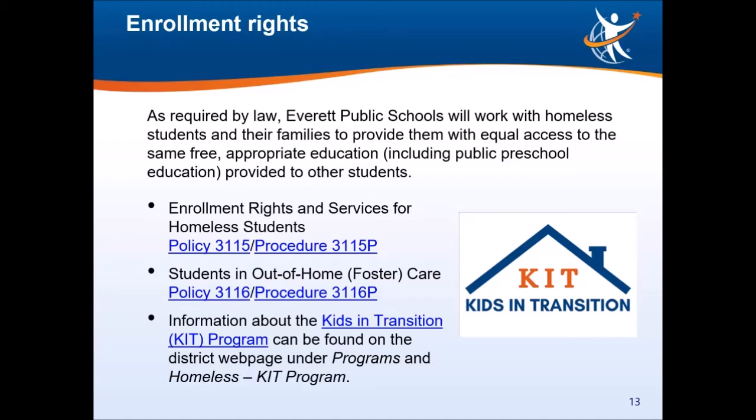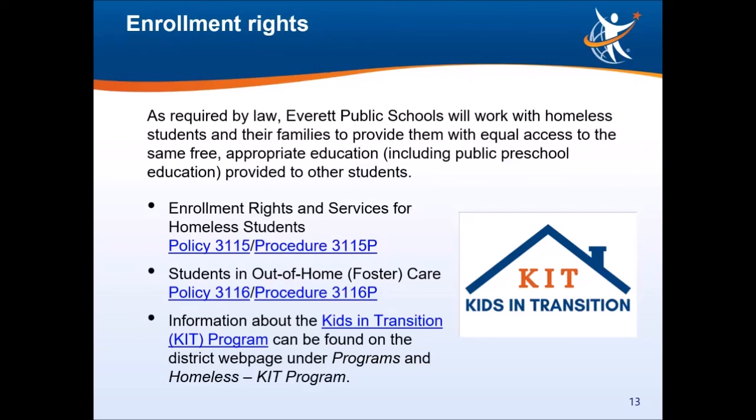KIT, or the Kids in Transition program, supports students who qualify as homeless under the federal McKinney-Vento legislation. Students who lack a fixed, regular, and adequate nighttime residence may qualify. Our KIT program works to eliminate barriers to students' academic success and extracurricular participation.